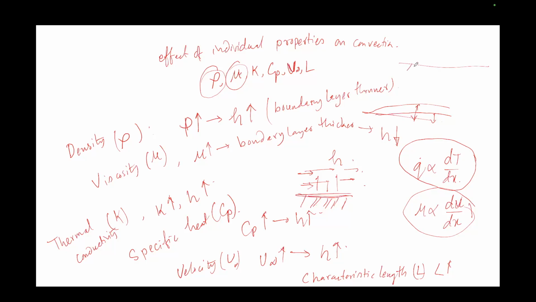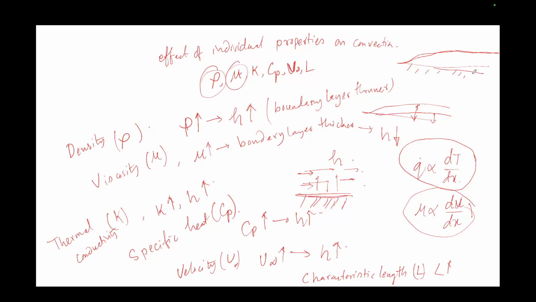I know that the thermal boundary layer increases with length. So if the length increases, the thermal boundary layer will be more, because the curve of the thermal boundary layer goes on increasing with length, right?